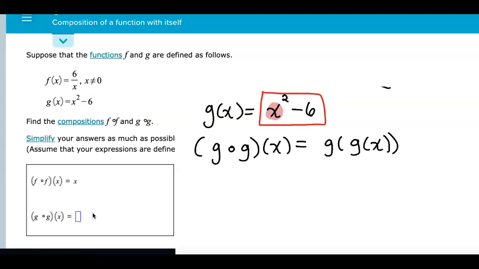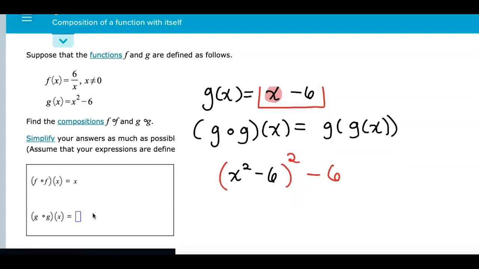We're going to put that boxed expression in there. So the function is going into itself. Inside this parenthesis, instead of x, I'm going to put x squared minus 6. Then all we need to do is simplify this.